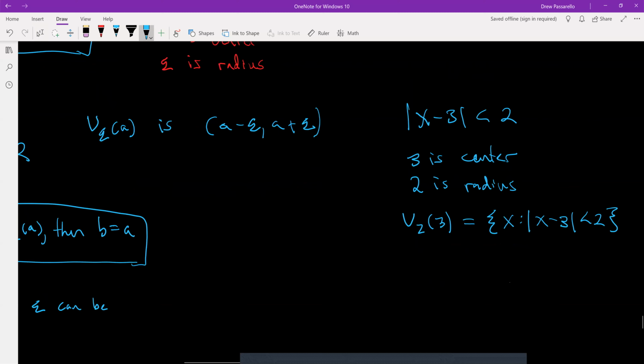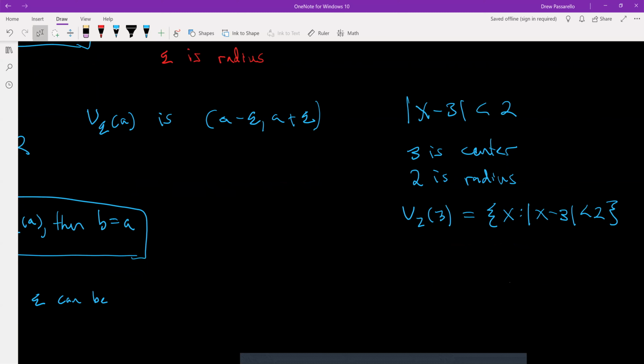And we can do the interval a minus epsilon, comma, a plus epsilon. In our case a is 3 and epsilon is 2, so we'd have 3 minus 2, comma, 3 plus 2. That gives us 1, comma 5, just so that we have some specific values for epsilon and a.